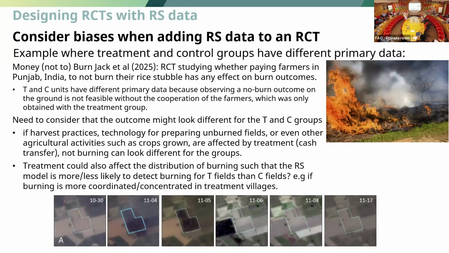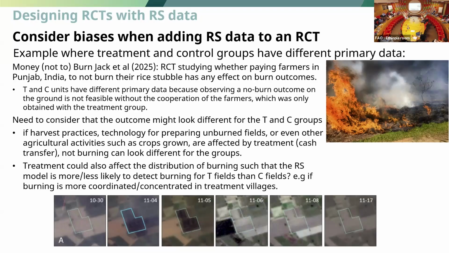They had ground data, but the problem is that they had a lot more ground data for the treatment units than the control. So we need to train a model, and we need data for both the burned fields and the unburned fields. And the issue is really figuring out what fields didn't get burned.